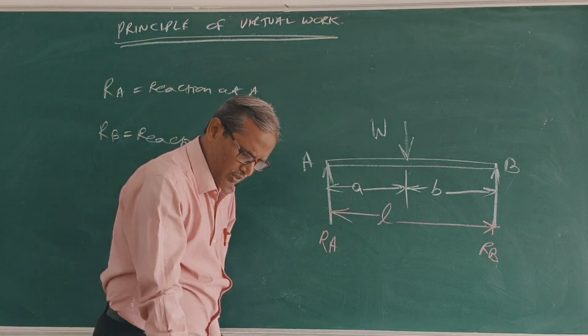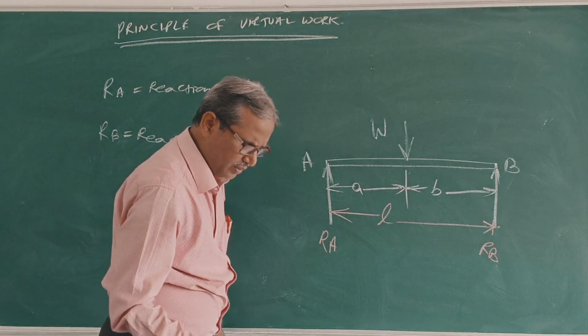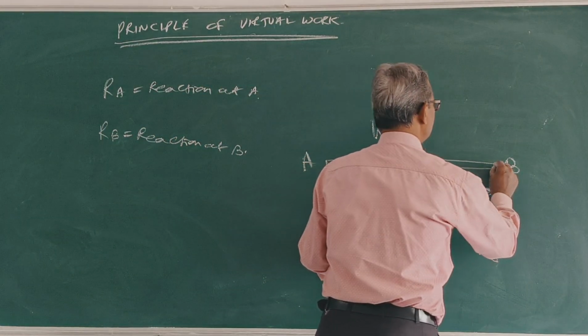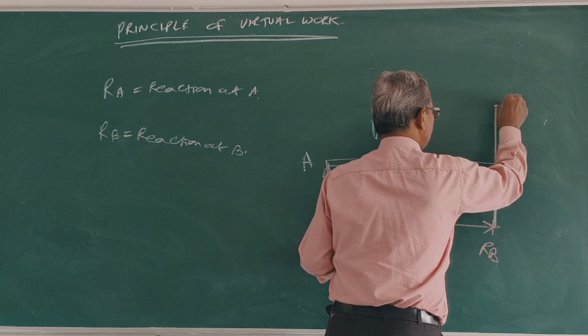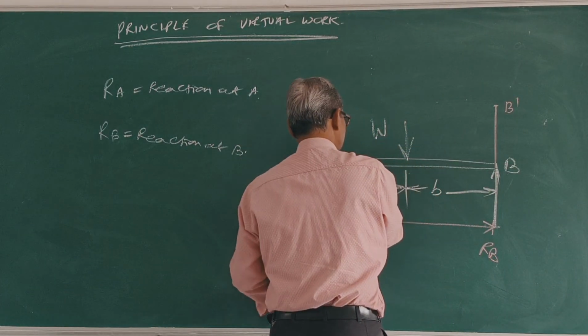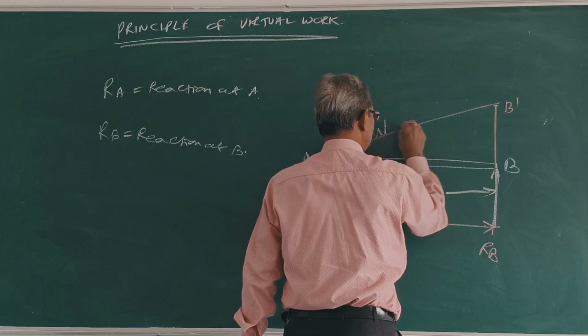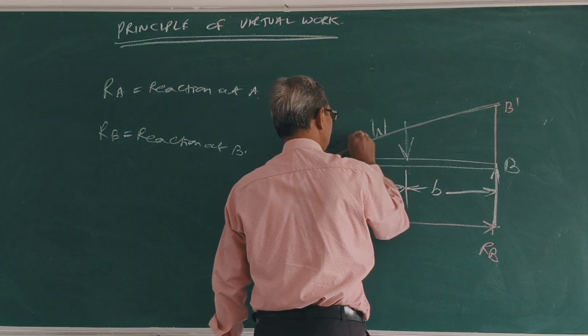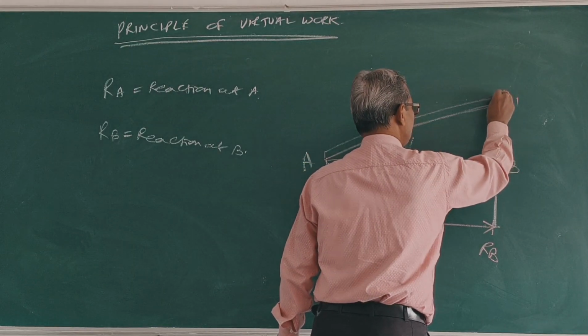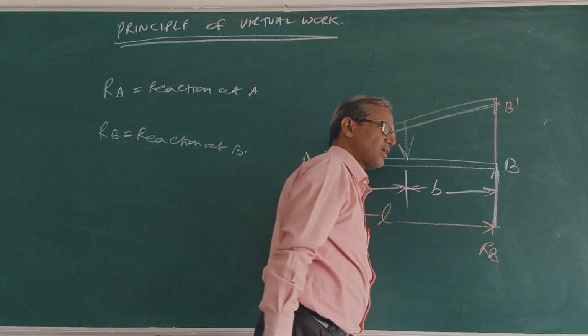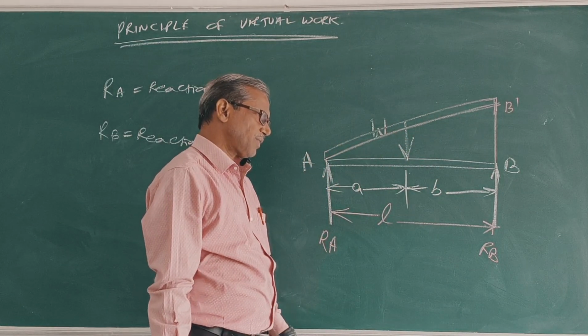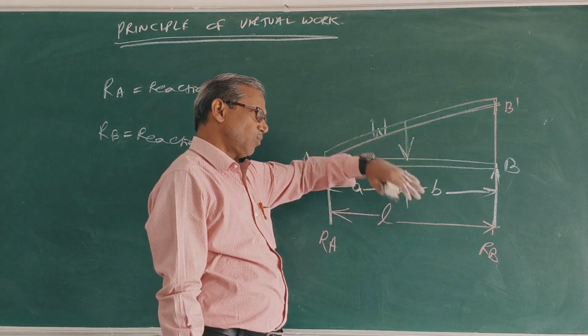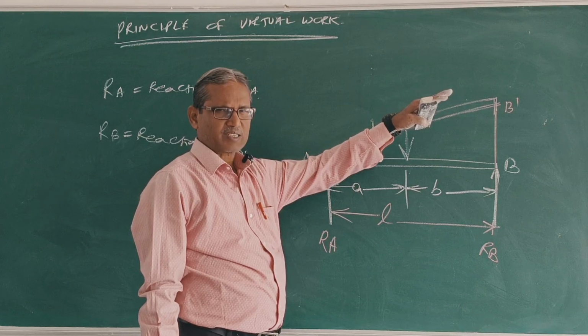Suppose I give it at B. Suppose B moves to B dash. This is beam AB. AB moves to AB dash.